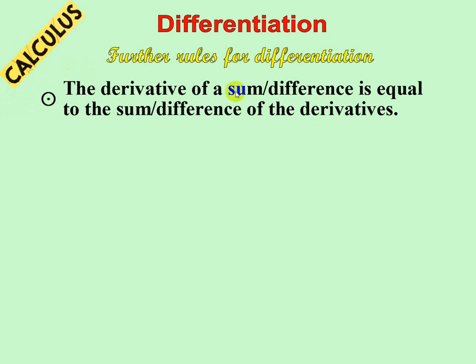The derivative of a sum or difference is equal to the sum or difference of the derivatives. What I mean here is if we have f of x equals 6x to the 5 plus 3x squared, and we want the derivative of that sum, we can just differentiate the first term and differentiate the second term.